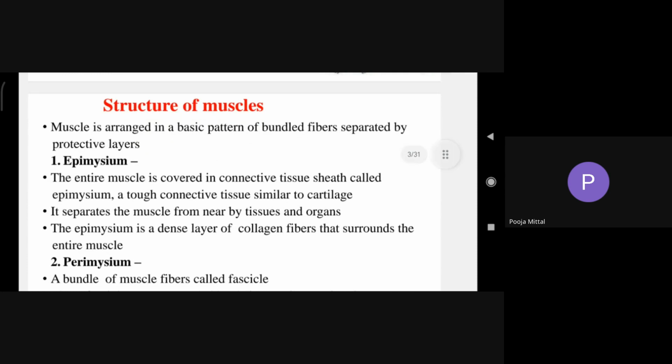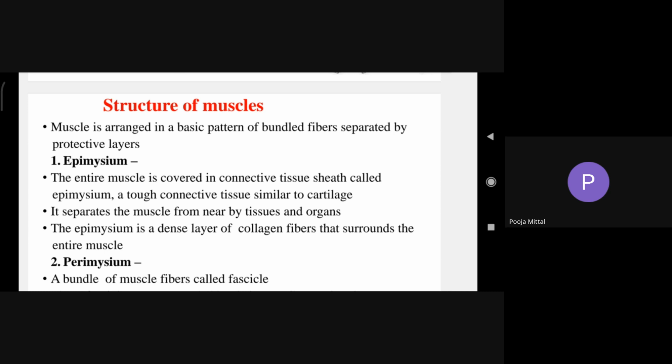Now, structure of muscles. Muscle is arranged in a basic pattern of bundled fibers separated by protective layers. Now, we will learn about all the layers and how muscle fibers are bundled. First of all, epimysium.